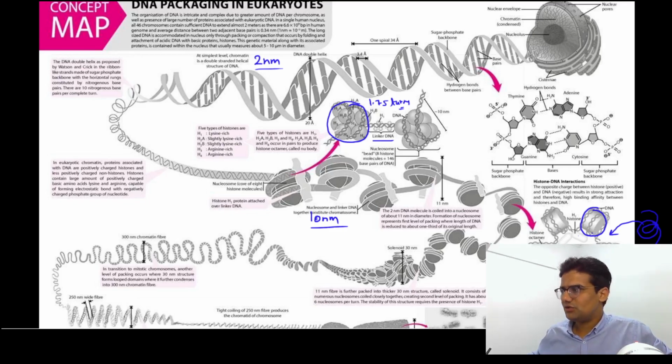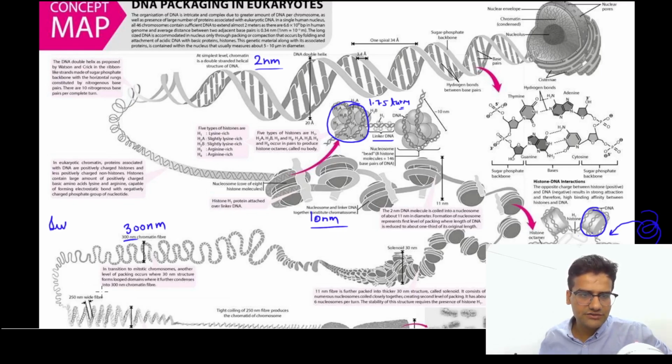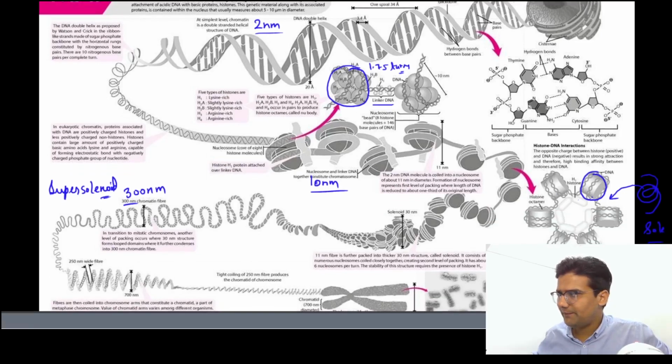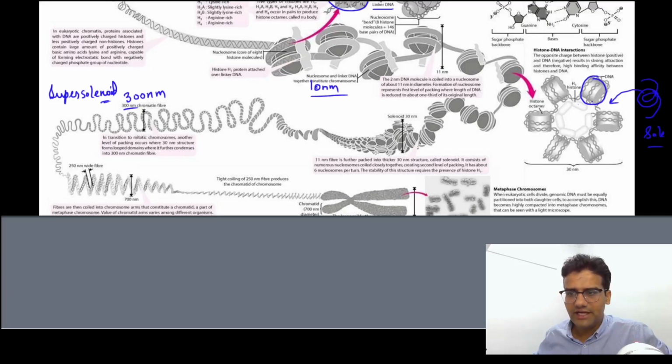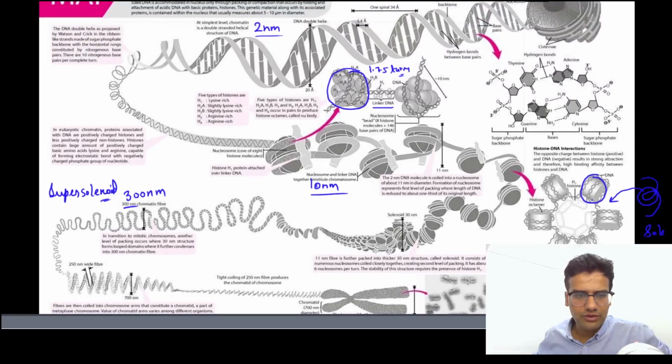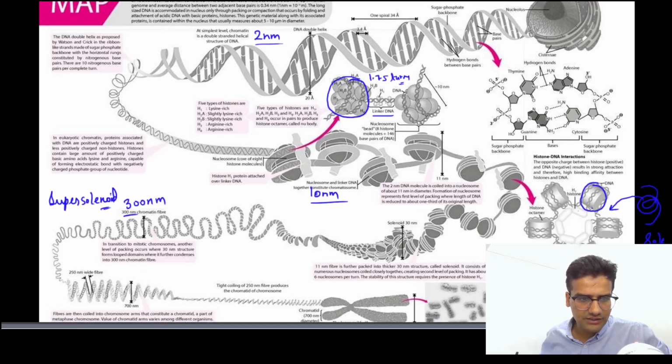Further, this solenoid model is converted into a super solenoid structure. This super solenoid structure is a 300 nanometer fiber. This super solenoid is then packaged into a higher level of packaging, which is what we call the chromosome. This 300 nanometer fiber is converted into a structure called the chromatid.